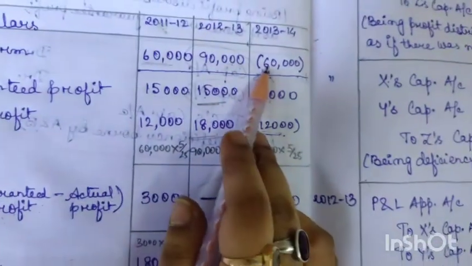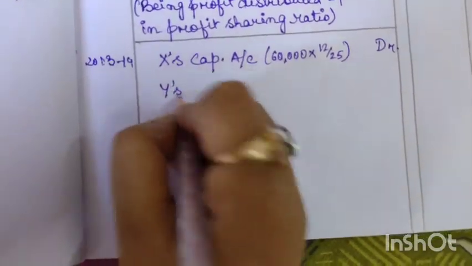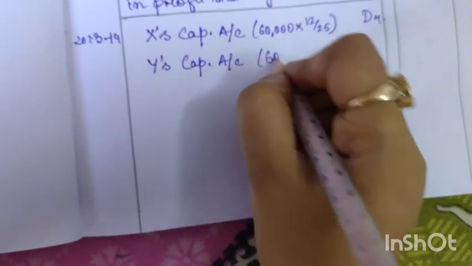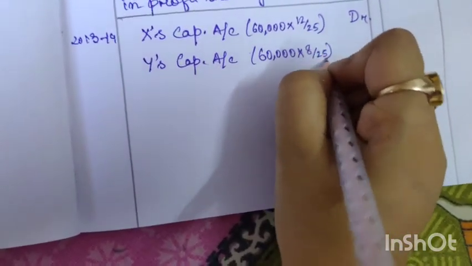Now what was the loss? 60,000. So 60,000 into 12 by 25. For Y, Y's capital account, 60,000 into 8 by 25, that one will also be debited.